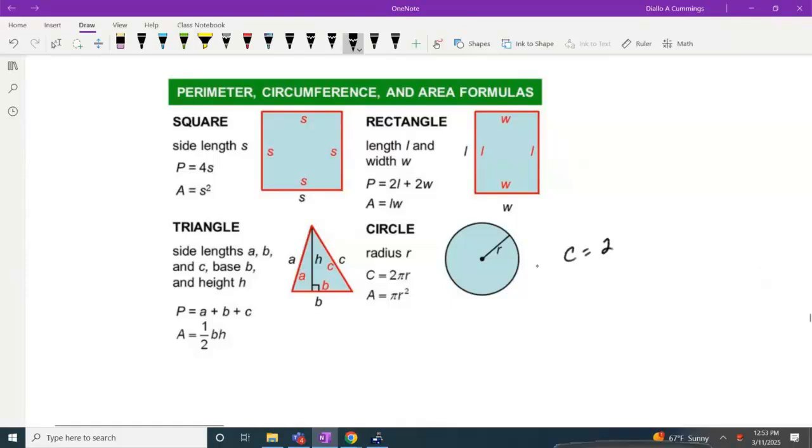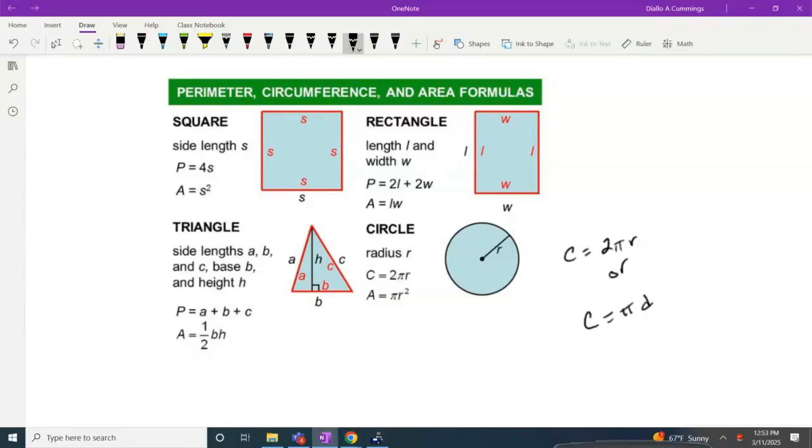So C is equal to 2 times pi times r. There's another formula for the circumference: the circumference can equal pi times d. D is going to be the diameter.